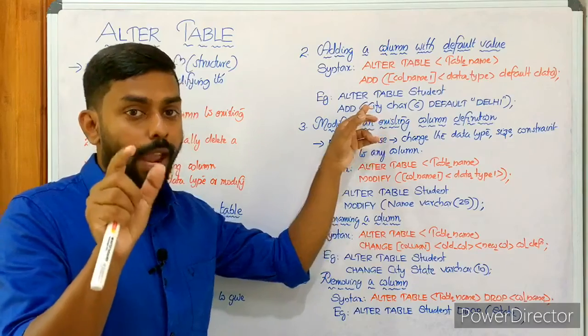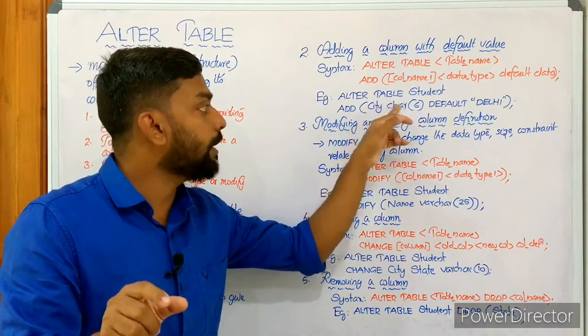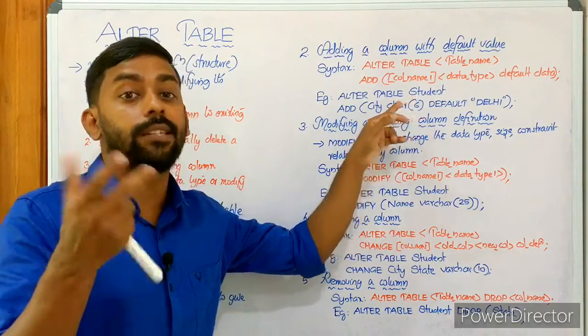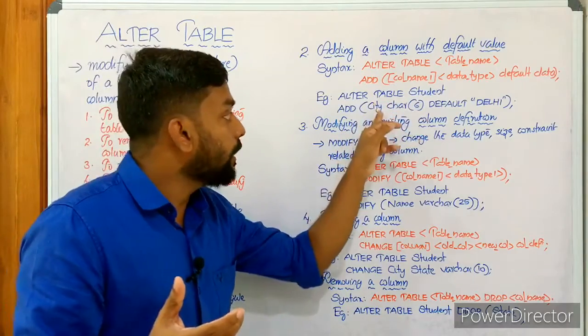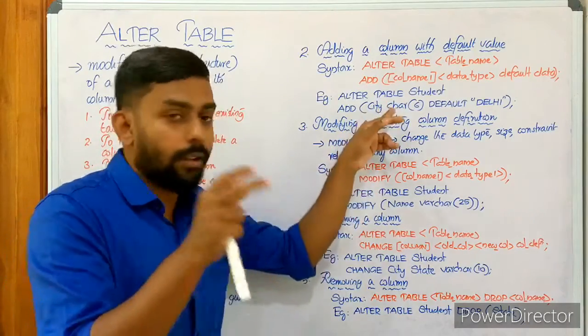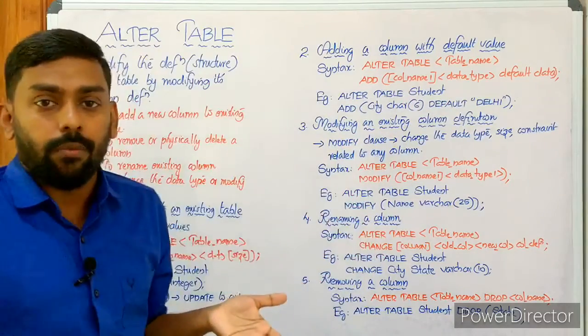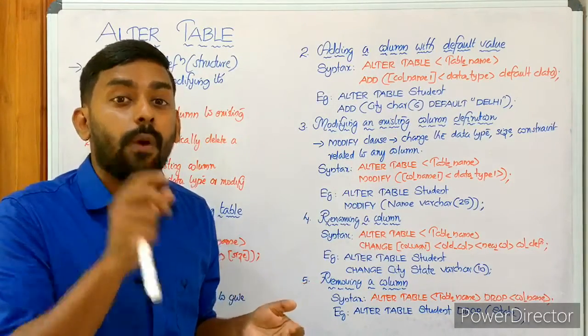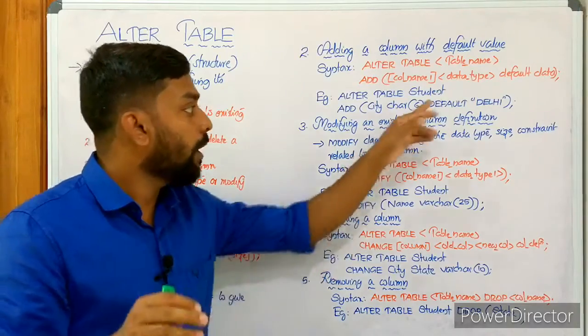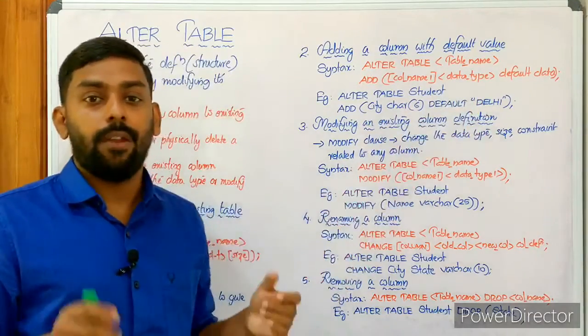The data type of city is CHAR and the size is 6. Up to here it's okay, right? Then DEFAULT: default is a keyword used to give a default value, and here the default value is Delhi.